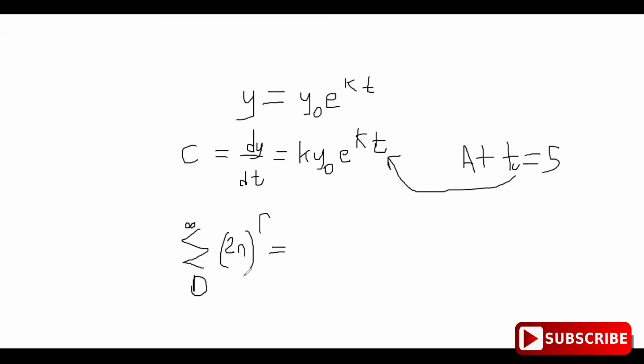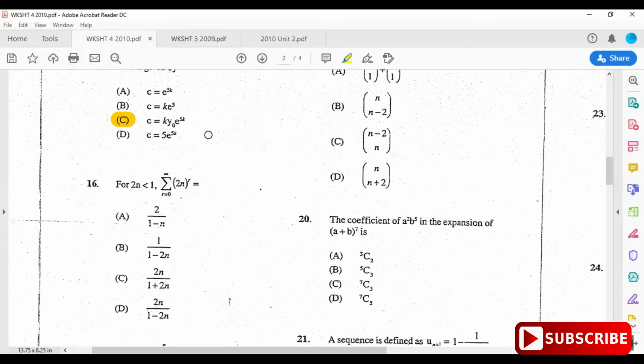From 0 to infinity is when r is 0, anything to the 0 is 1, plus when r is 1, we get 2n, plus when r is 2, we get 2n squared. And so if you keep on continuing, it's converging, because it told us that 2n is less than 1.